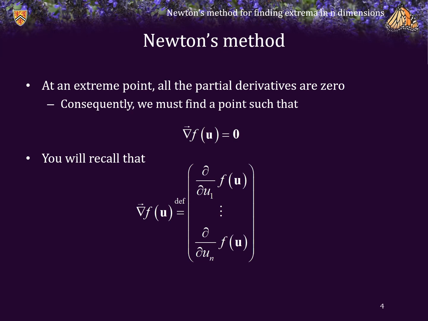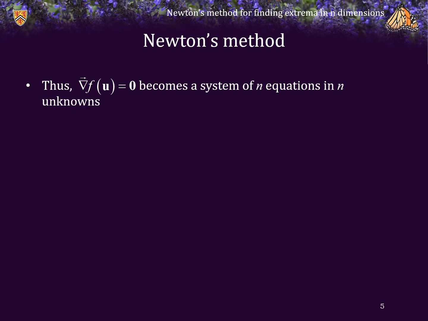Now, you'll recall that the gradient of a real valued function of a vector variable is simply the vector of the n partial derivatives of f. Thus, the gradient of f equated to zero becomes a system of n equations in n unknowns.